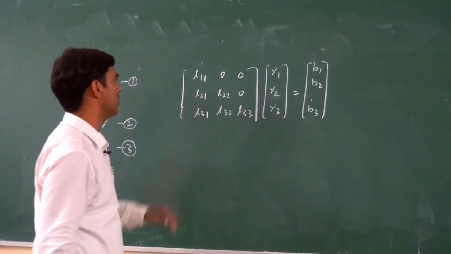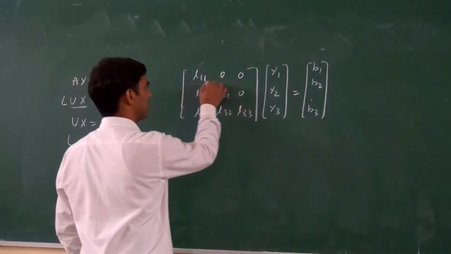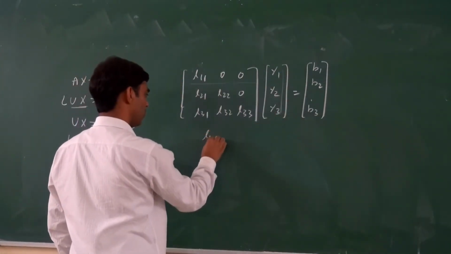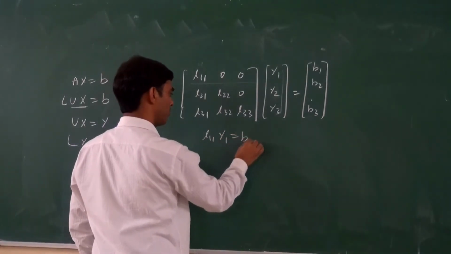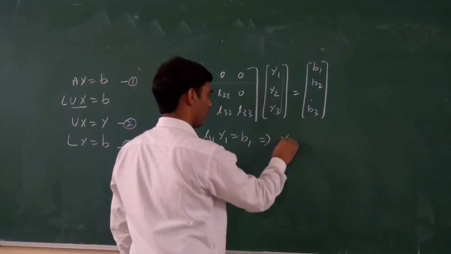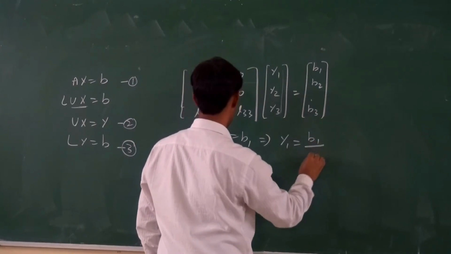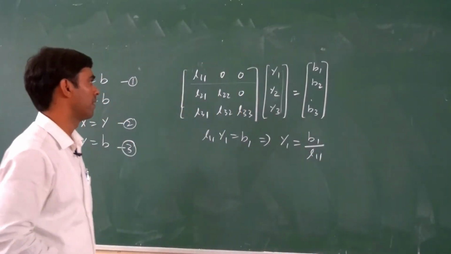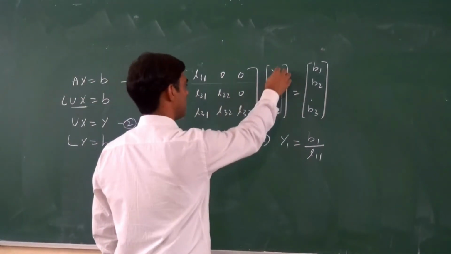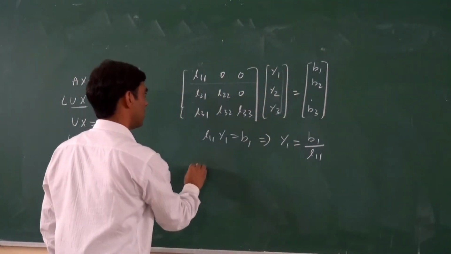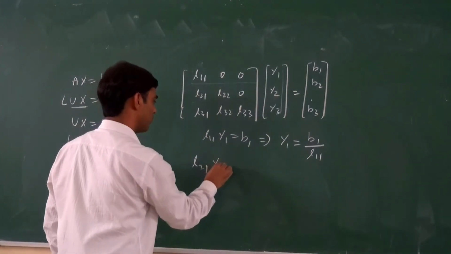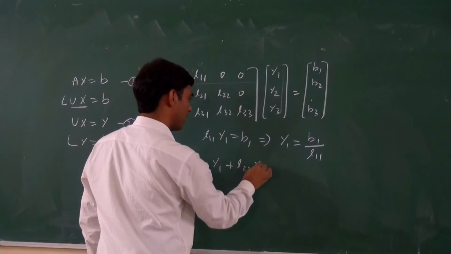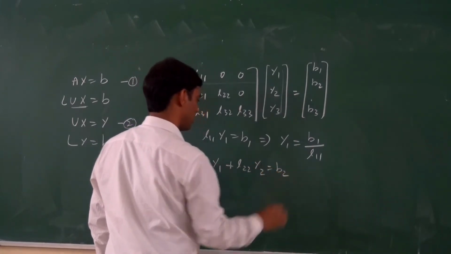we are able to find the value of y1. Multiplying the first row, L11 y1 equals b1. This implies that y1 equals b1 divided by L11. This is the value of y1. Similarly, for the second row, L21 y1 plus L22 y2 equals b2.